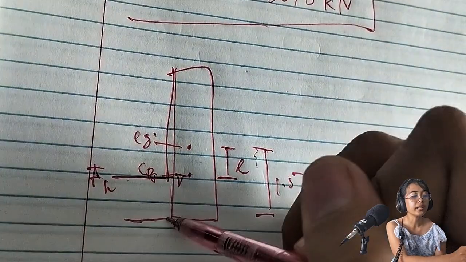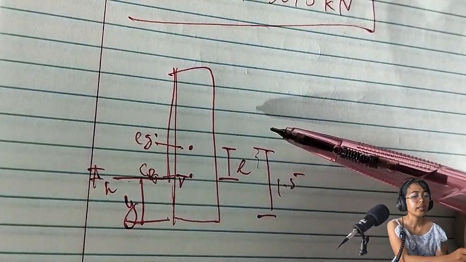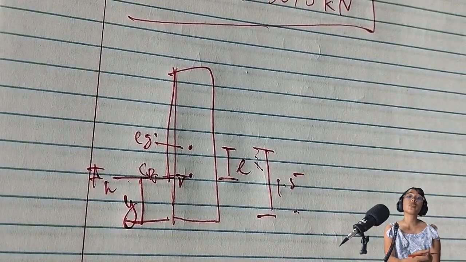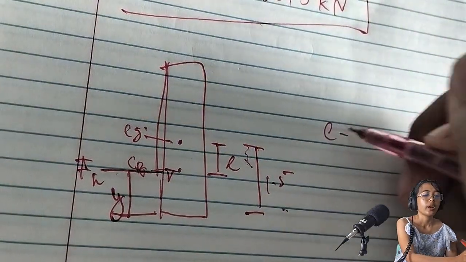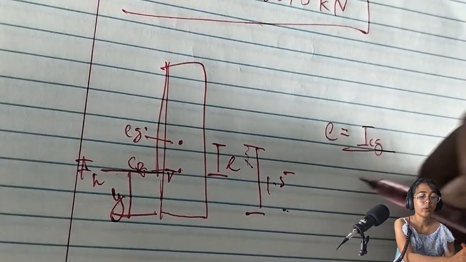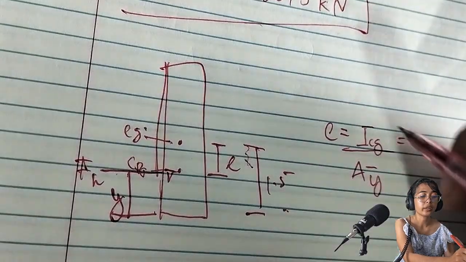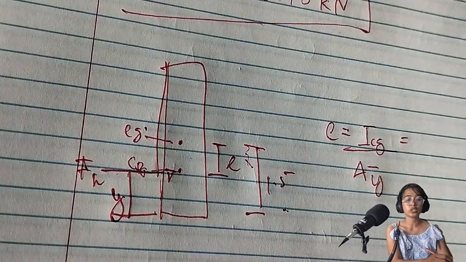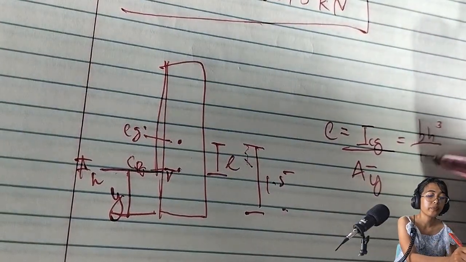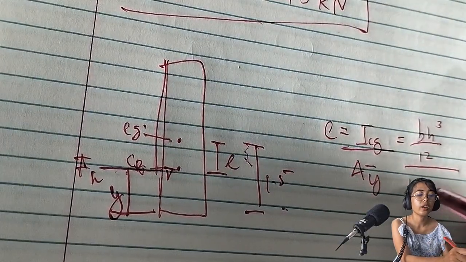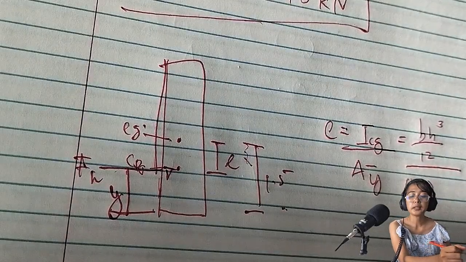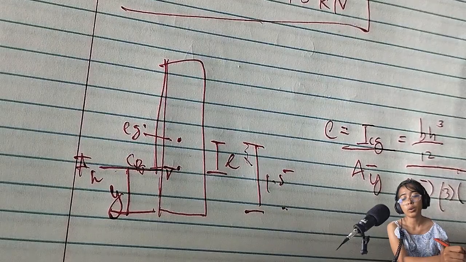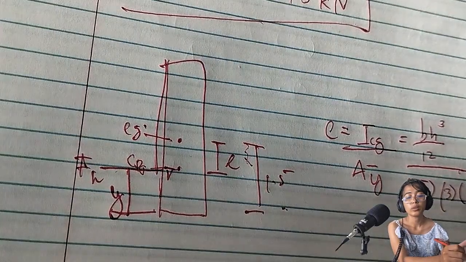So to find Y, we will only deduct the eccentricity from 1.5. The eccentricity E is I_CG over area times Y bar. I_CG is the moment of inertia, which for a rectangle is b h cubed over 12, divided by the area, 1.5 times 3, times Y bar, which we already got as 3.5.